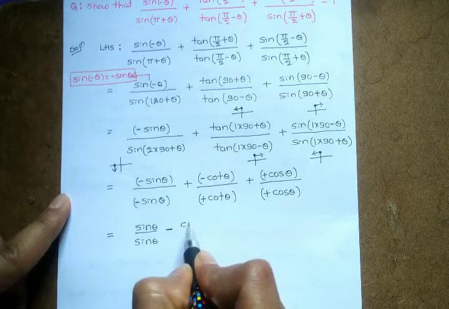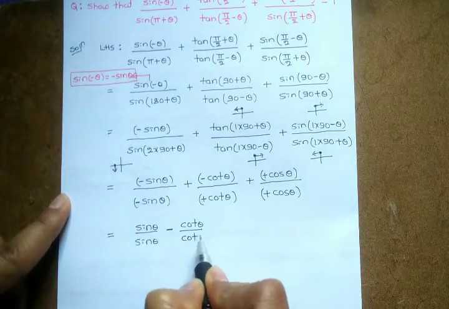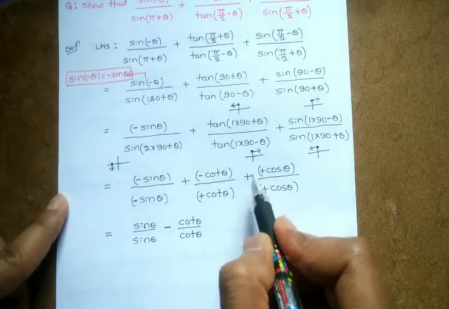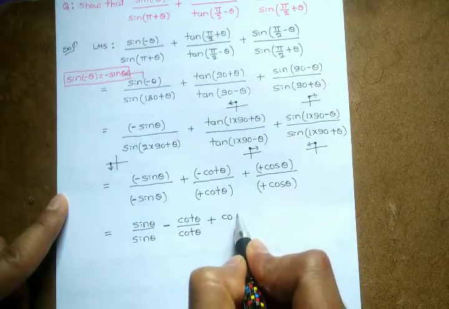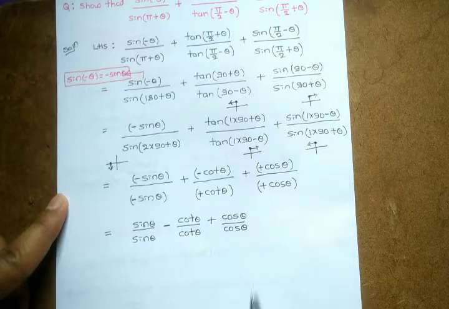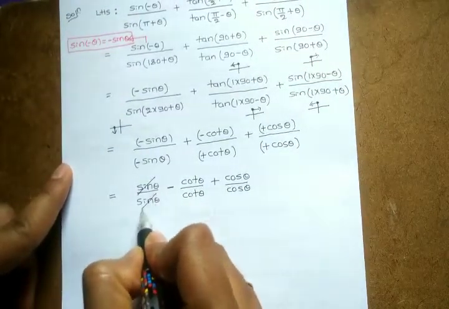Minus. Cot theta divided by cot theta. So next plus divided by plus is plus, plus into plus is what? Plus only. Remaining value is cos theta divided by cos theta.